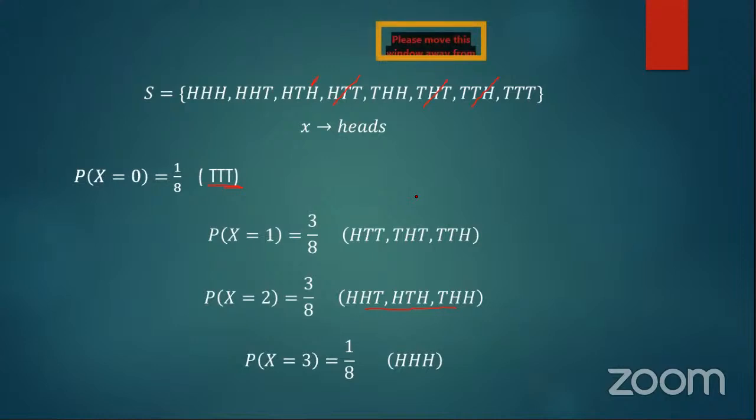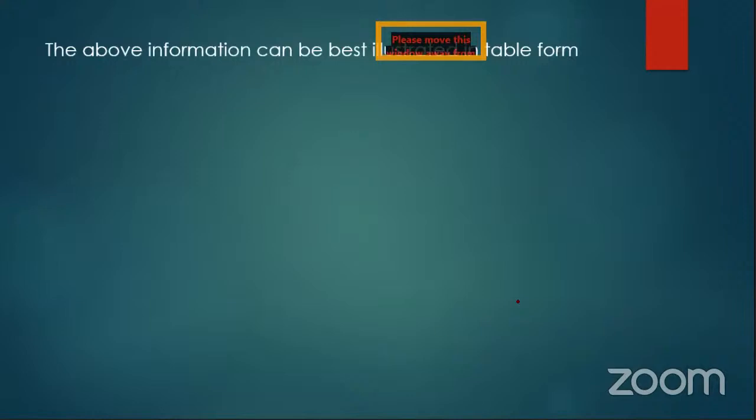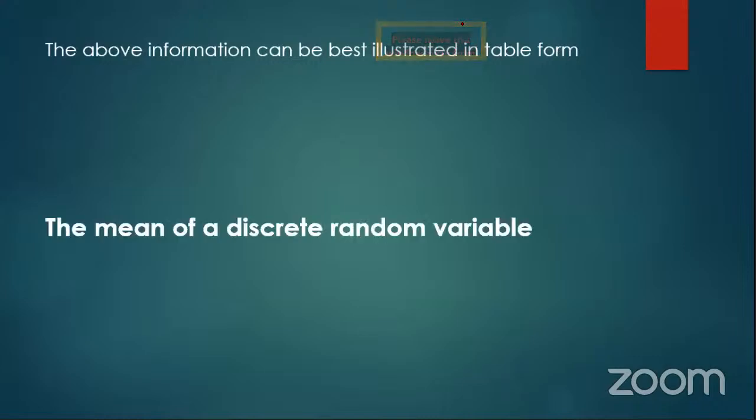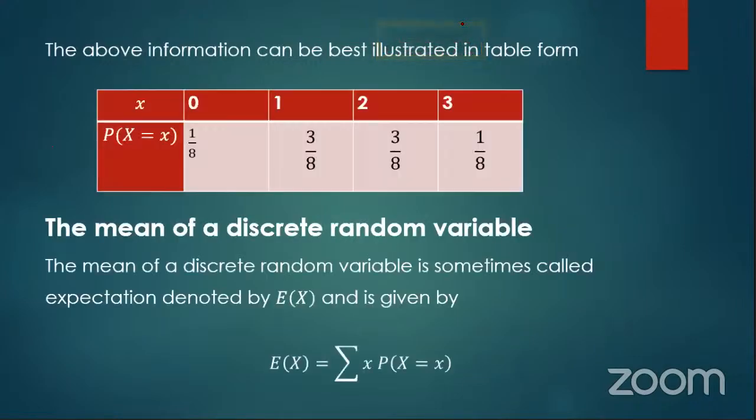So now with the discrete case, it is better for us to have all this information in table form, tabulated for ease of other calculation. Okay, so this is our table.